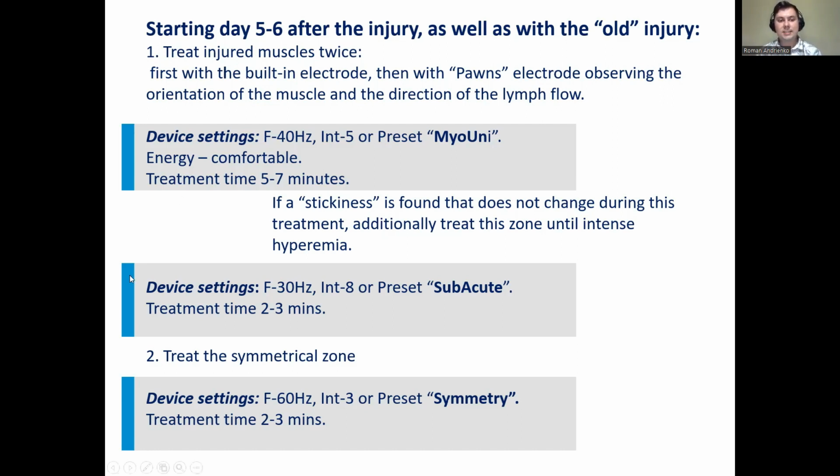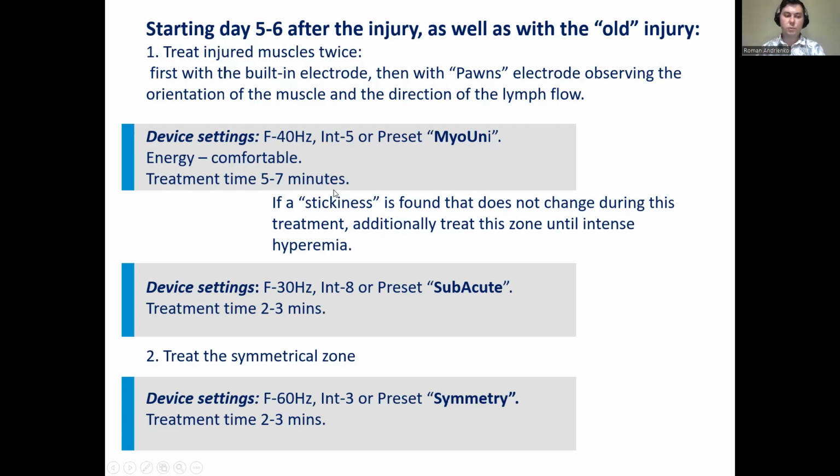What are the device settings? First, we set the frequency of 40 Hertz, intensity 5, or we use the universal myostimulation or MyoUni, comfortable energy, and we treat for 5 to 7 minutes.